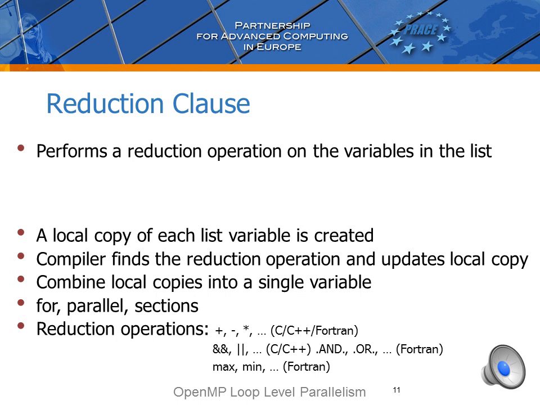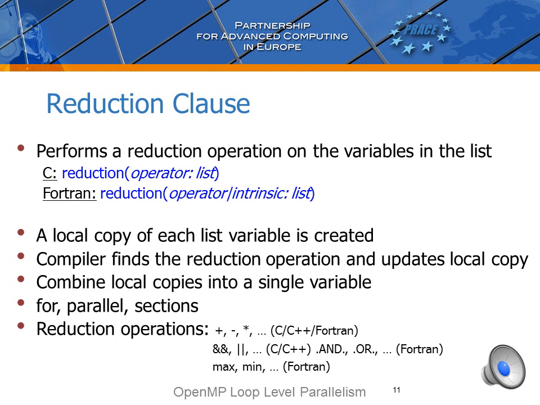Now I will introduce the reduction clause, which is a commonly used OpenMP clause with the parallel loop construct. The reduction clause performs a reduction operation on the variables that appear in its list. All you have to do is specify the reduction operation and reduction variables. Variables in the list must be scalar variables. They cannot be array or structure type.